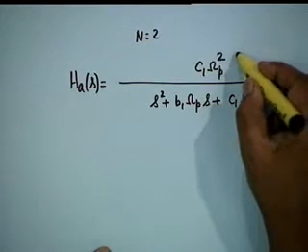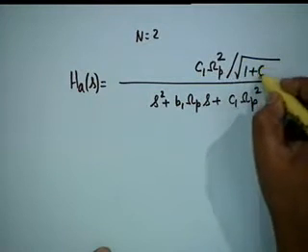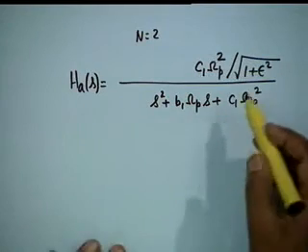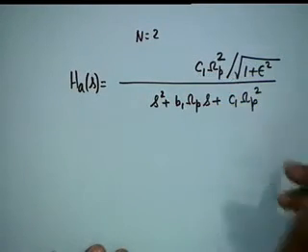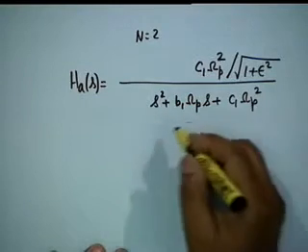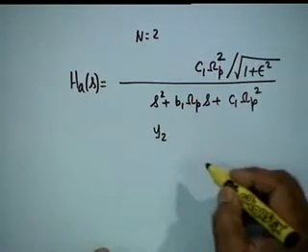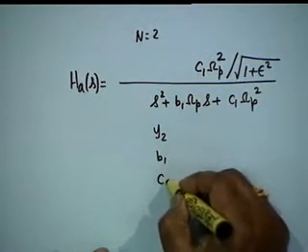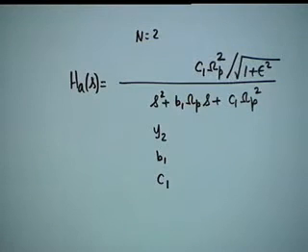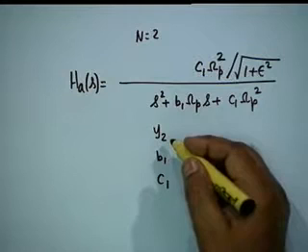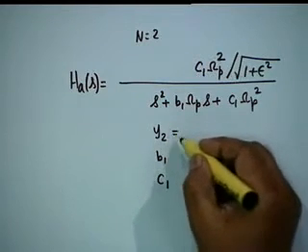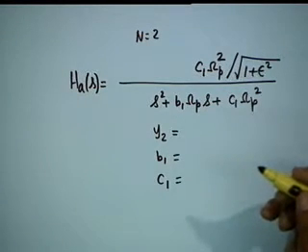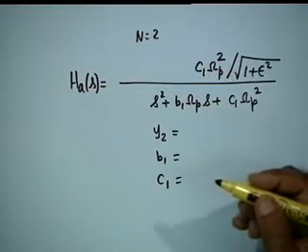Capital N is even, and therefore, you must have this ratio 1 by square root 1 plus epsilon square. For finding out B1 and C1, everything else is known, you have to find out Y2 first, capital N equal to 2, then B1 and then C1, no C0, okay. Here C0 is the same as Y2, but you have to calculate this in these steps. I have not done so, you can do it. The formulas I have already given you.